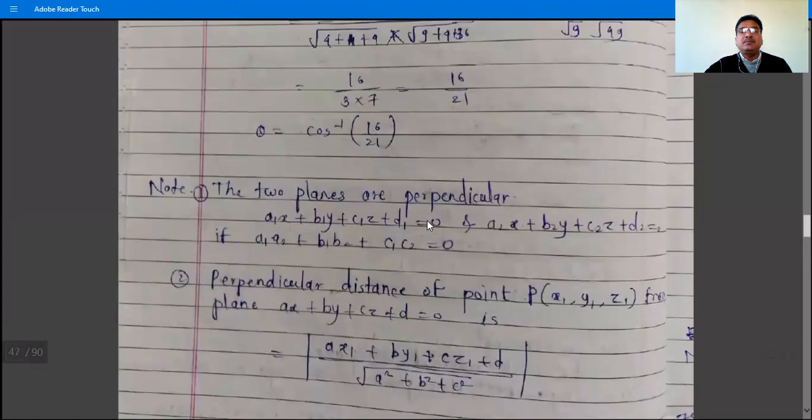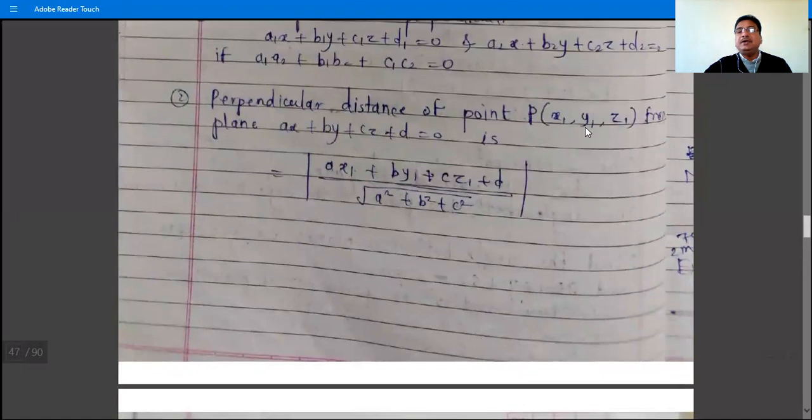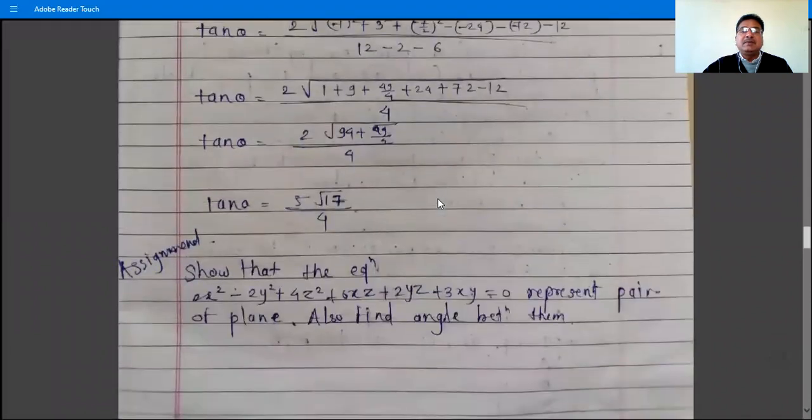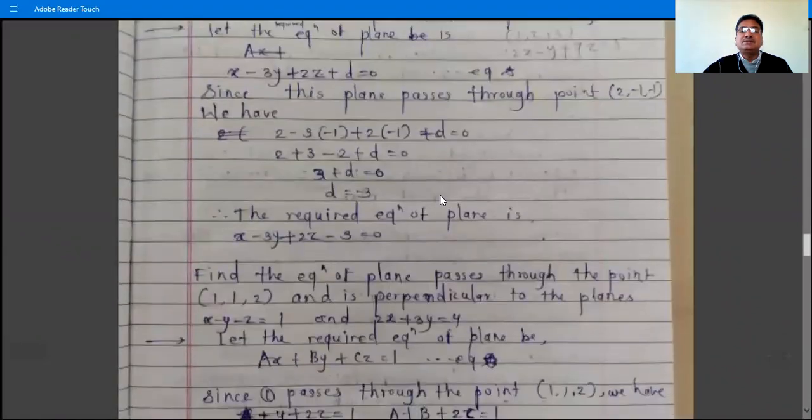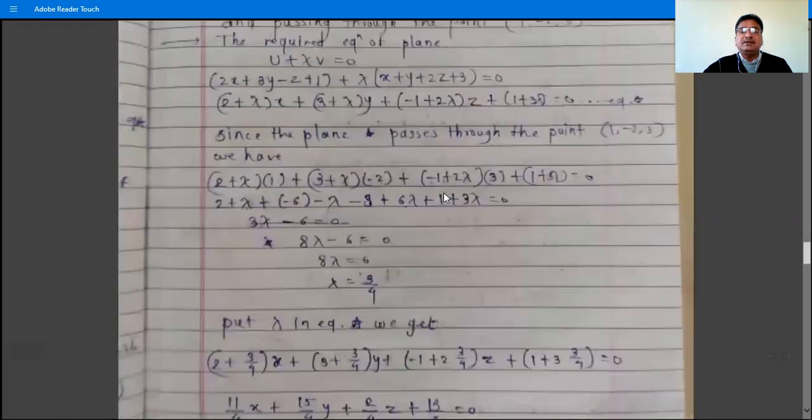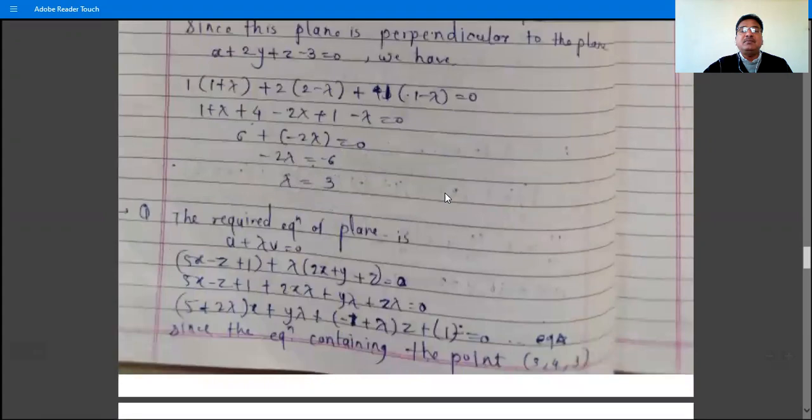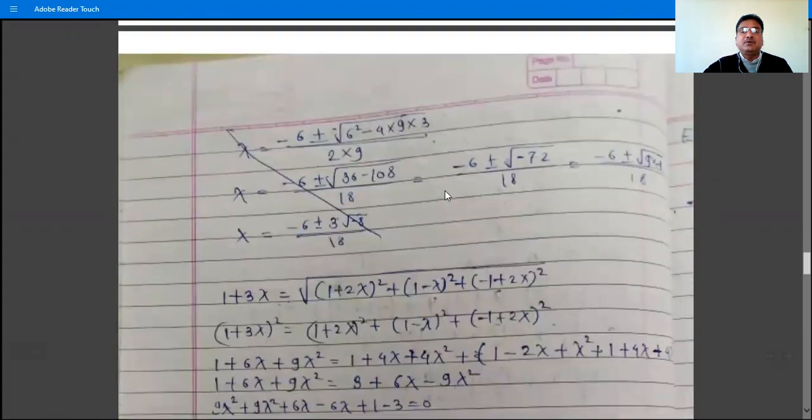The perpendicular distance of the point P (x1, y1, z1) from the plane ax plus by plus cz plus d is equal to 0 is: replace x by the x coordinate of that point, y by the y coordinate, and z by the z coordinate, plus d as it is, divided by root of the square of the coefficient of x plus the square of the coefficient of y plus the square of the coefficient of z. So use this formula to find the distance of the origin from the plane.